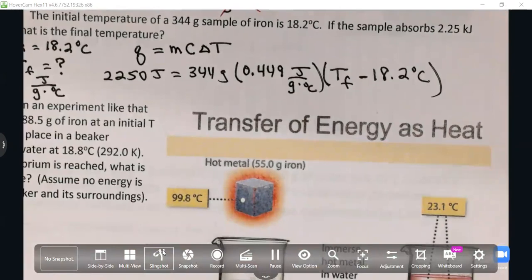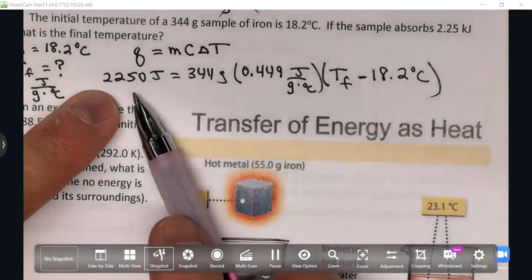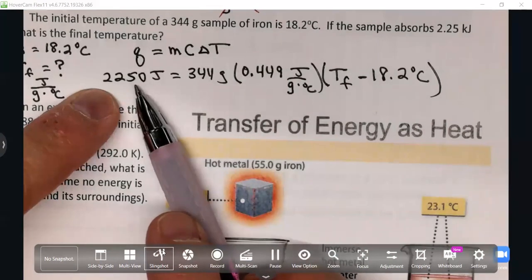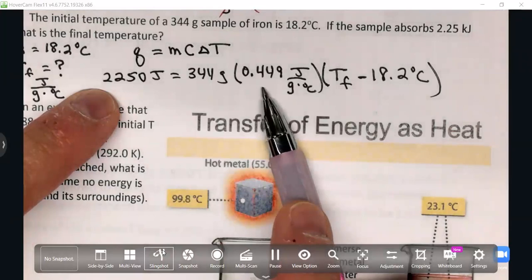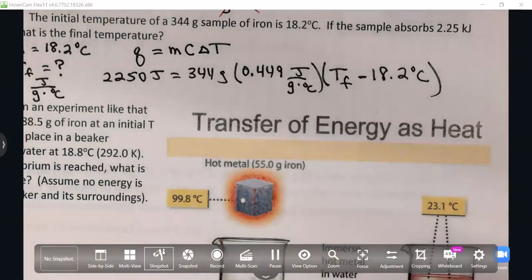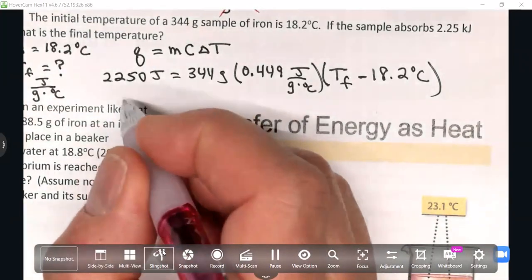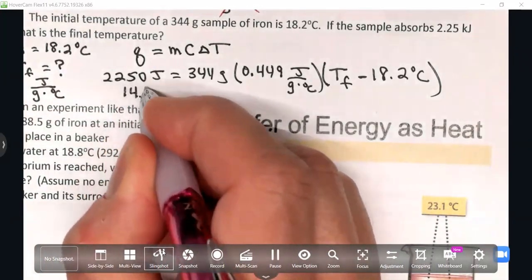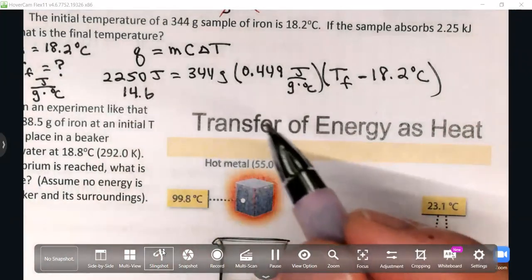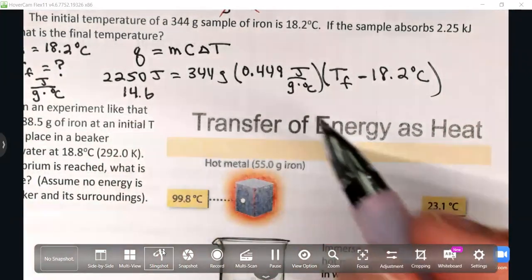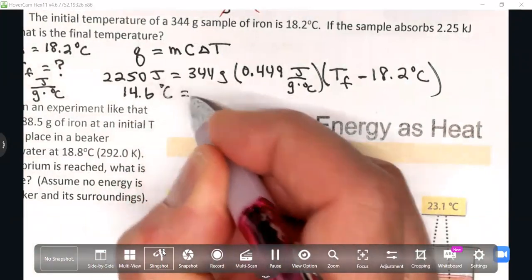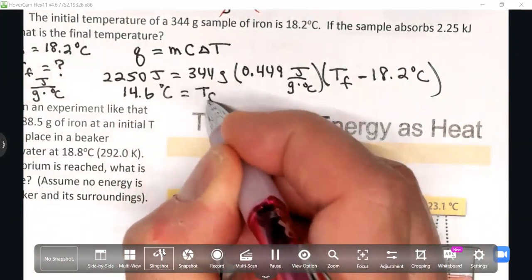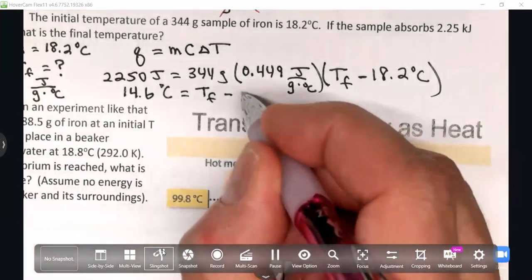If we solve this, we can take 2250 divided by 344 divided by 0.449, right? And if we do that, we're going to be left with 14.6 degrees Celsius equals T final minus 18.2.